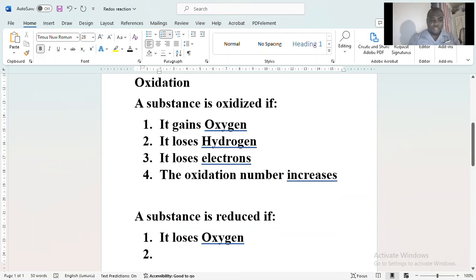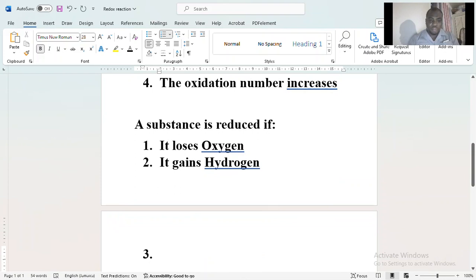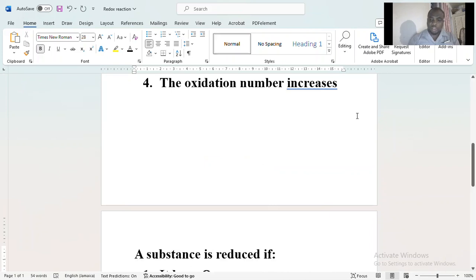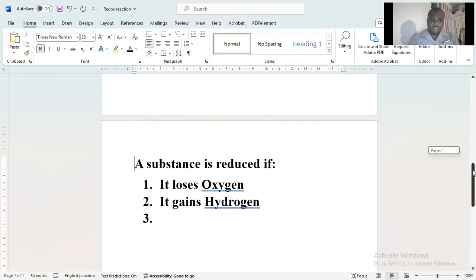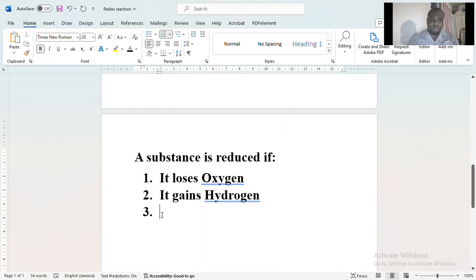Two, it gains hydrogen. Three, it gains electrons.